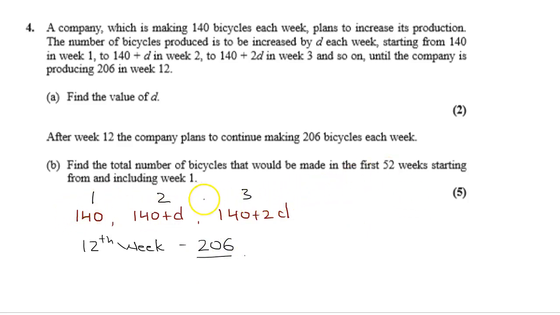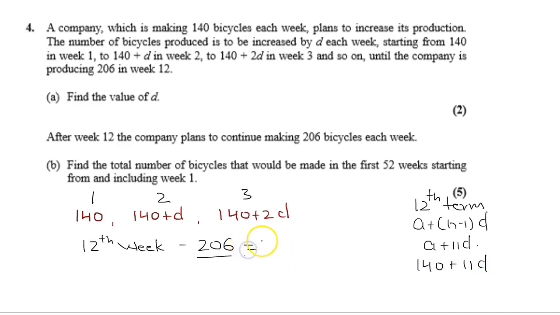So this is an arithmetic series: first term, second term, third term. So the 12th term will be a plus (n minus 1)d, or we can write a plus 11d. So a is 140 plus 11d.